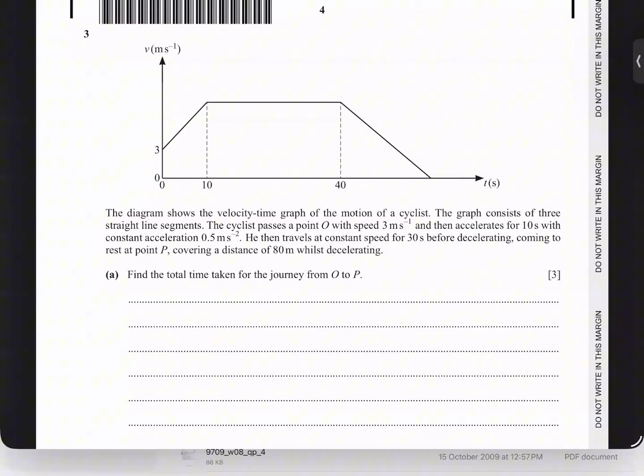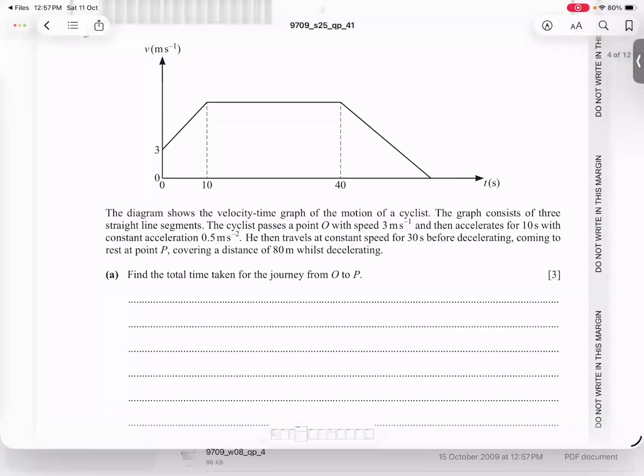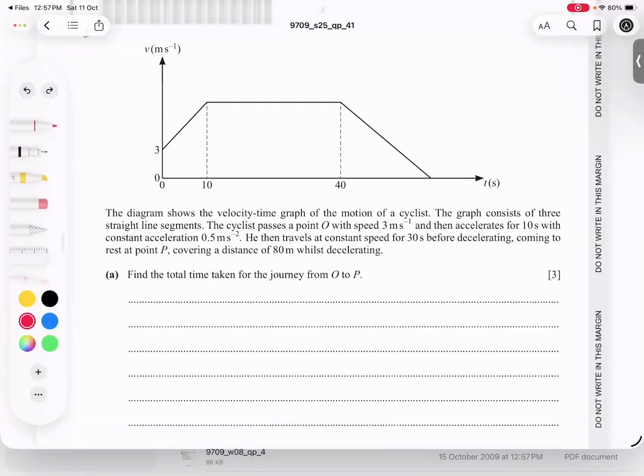Question number 3 we have. If you read carefully, he's saying here the diagram shows a velocity-time graph of the motion of a cyclist, and the diagram consists of 3 straight lines, 1, 2, and 3.